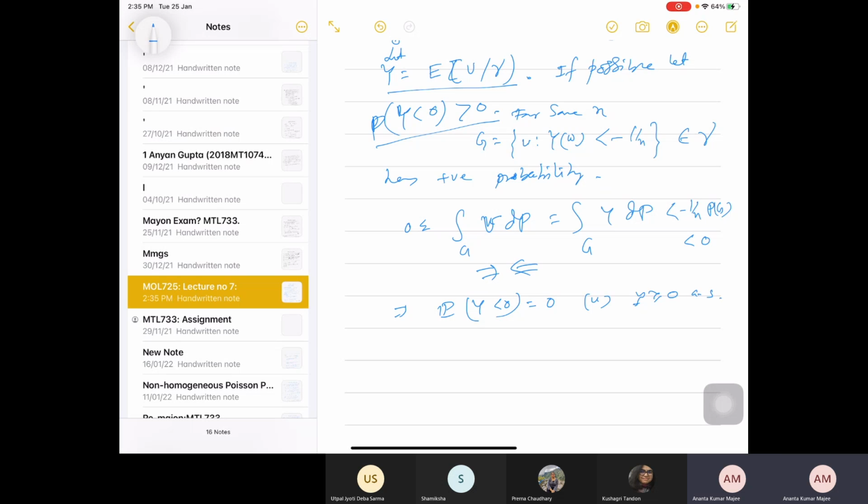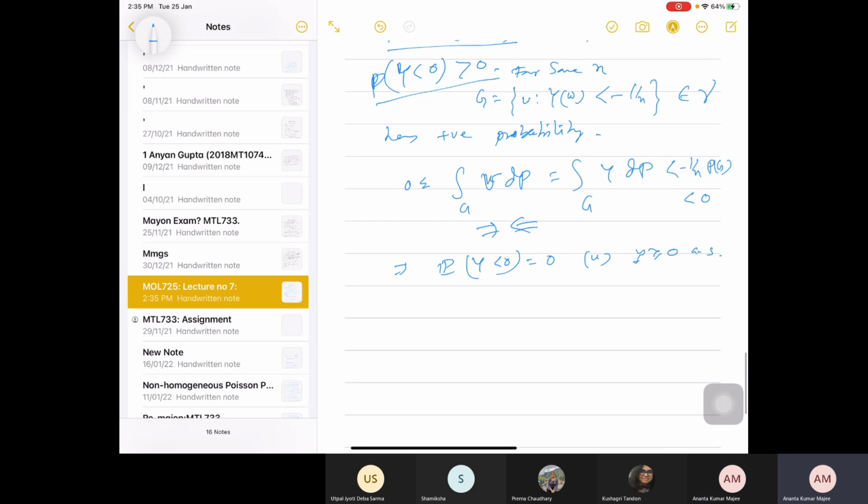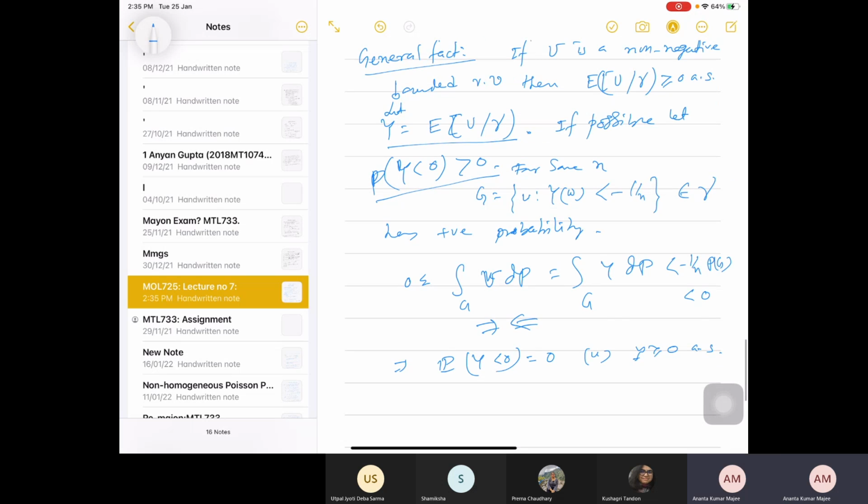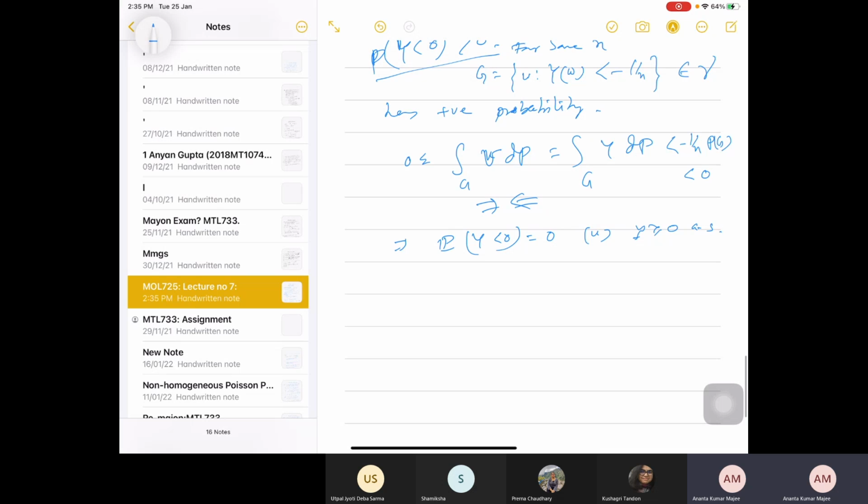So from there, what I have is that Zn is non-negative and increasing to Z. Now I can write Z as the lim sup over n of Zn.